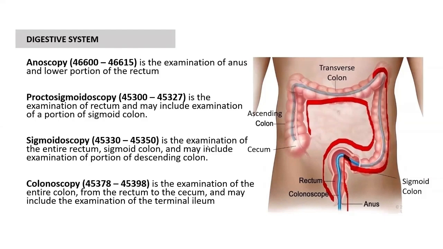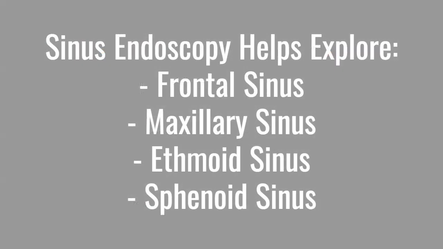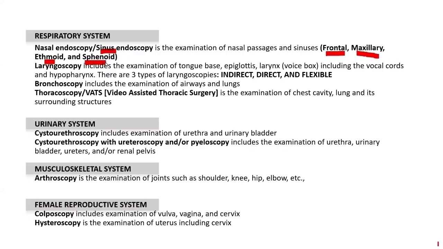Similar to endoscopies of digestive system, there are various endoscopies related to various systems. Nasal endoscopy is also called sinus endoscopy, as the physician can access sinuses using nasal endoscopy. Frontal, maxillary, ethmoid, and sphenoid sinuses can be explored using nasal or sinus endoscopy.